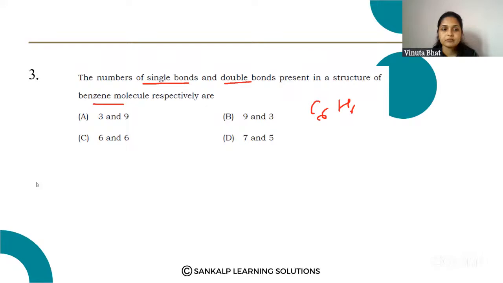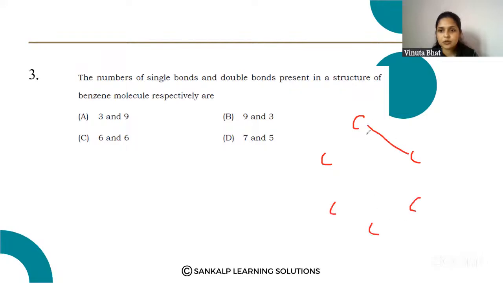Total 6 carbon atoms: 1, 2, 3, 4, 5 and 6 carbon atoms. Just join these.